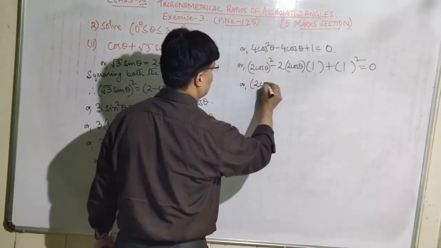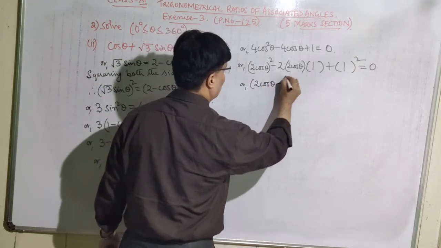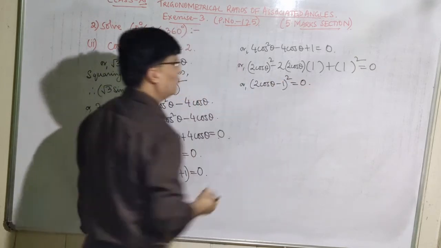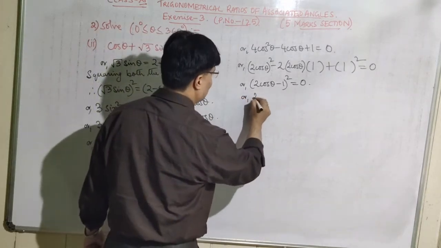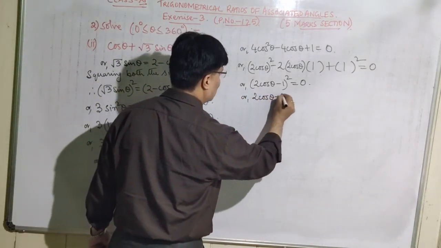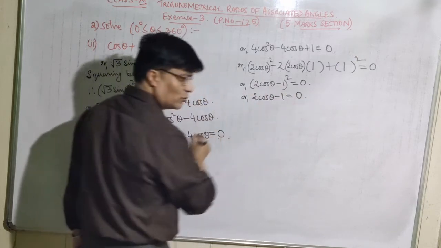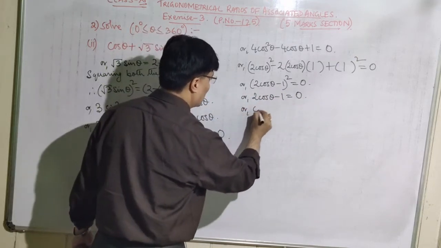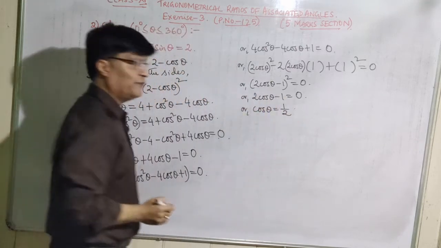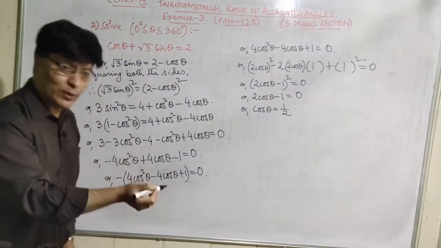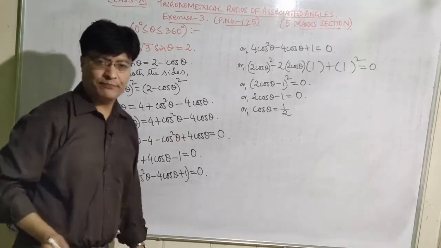It is 2 cos theta minus 1 whole square, which is equal to 0. Now you can easily get the value: 2 cos theta minus 1 is root over 0, which is 0. So cos theta is equal to half. So 2 cos theta is equal to 1 and cos theta is equal to half.